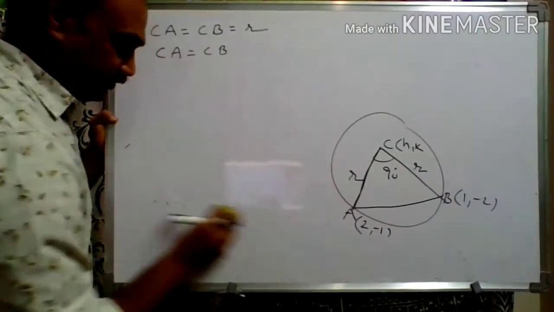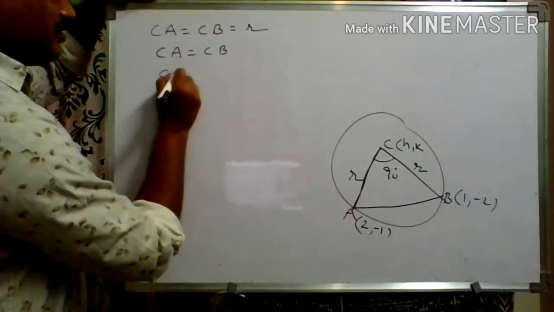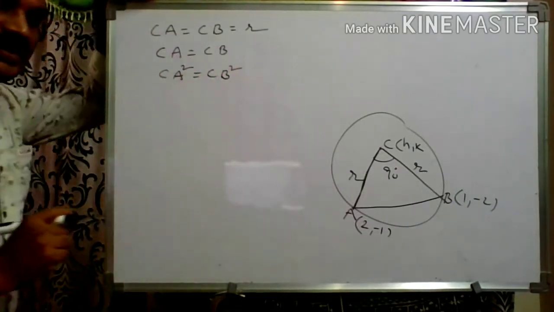Friends, R is equal to 1. CA is equal to CB. Squaring on both sides, CA square is equal to CB square.